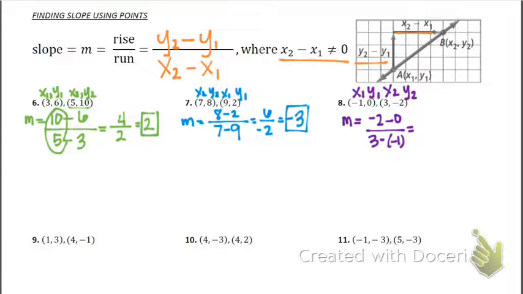Guys, what's negative 2 minus 0? Good, negative 2. 3 minus negative 1. When I subtract a negative, what happens? It becomes a positive. So that's going to be 3 plus 1, which is 4. What does that reduce to? Good, negative 1/2. Is everybody with me so far? Okay.